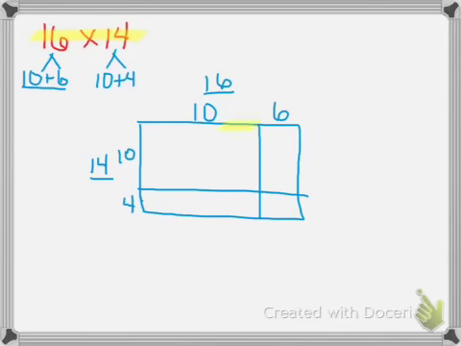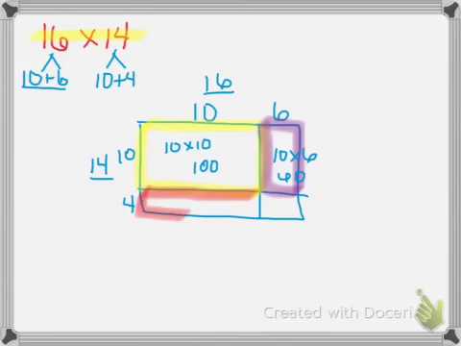So now I have this rectangle, which is 10 times 10, which is 100. And then, changing my color here, I have this square, which is 10 times 6, which is 60. And then I have this one down here, which is 10 times 4, which is 40.